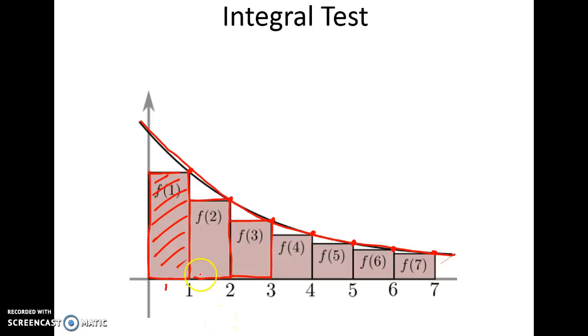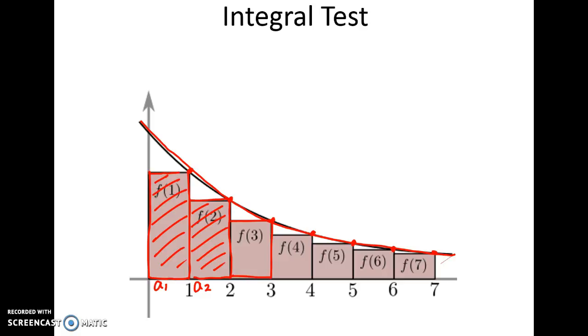And f of 2 would be a rectangle with the area of the second term. So this area would be a sub 1, this area would be a sub 2, and if you add up all of those rectangles, you're going to get this series.